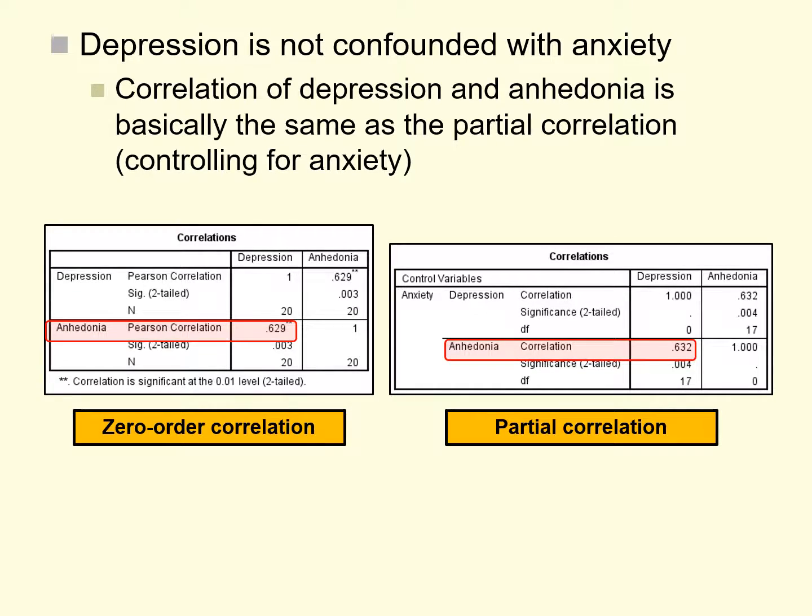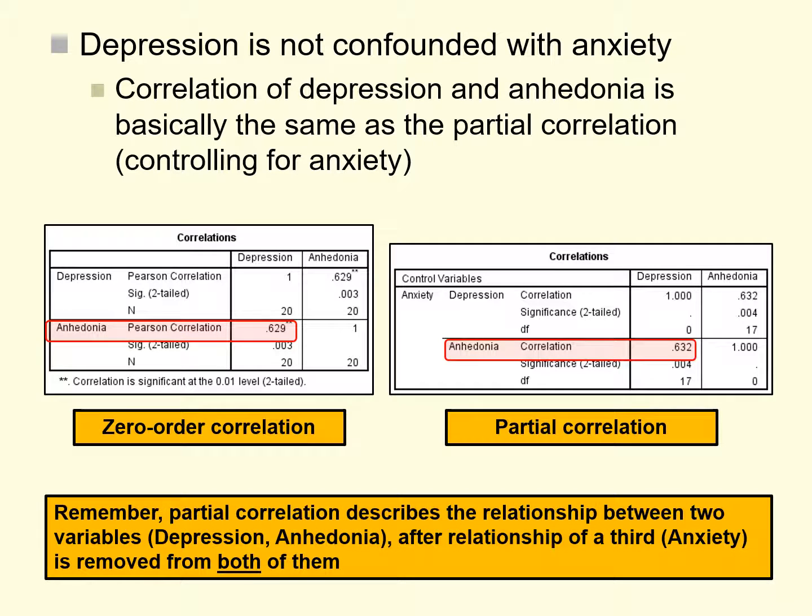The correlation between depression and anhedonia is basically the same as the partial correlation between depression and anhedonia controlling for anxiety. Just as a quick reminder, partial correlations describe the relationship between two variables, in this case depression and anhedonia, after a relationship with a third variable, anxiety, is removed from both of them.